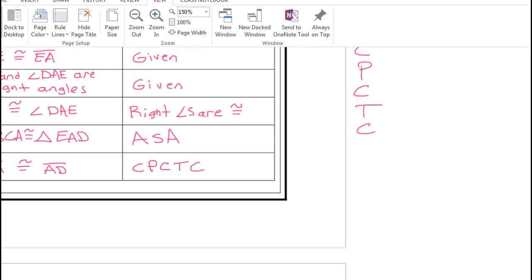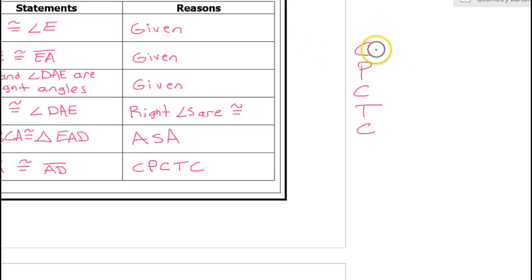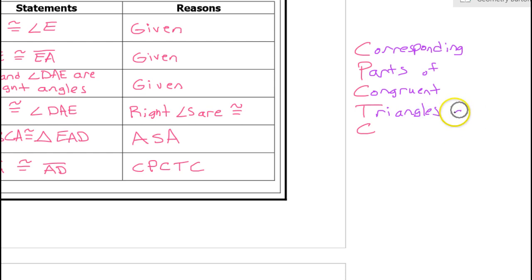If you think about it as the sentence that it is, it makes grammatical sense. Corresponding parts of congruent triangles are congruent.